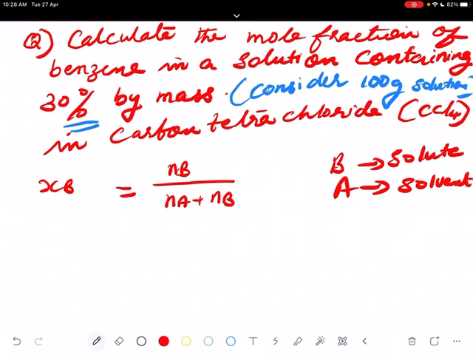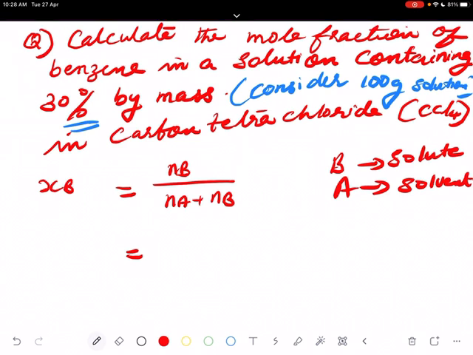We need this mole fraction because in the coming days we'll be learning Raoult's law and Henry's law. So this is a preparatory step for that.